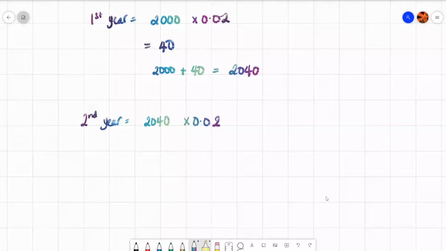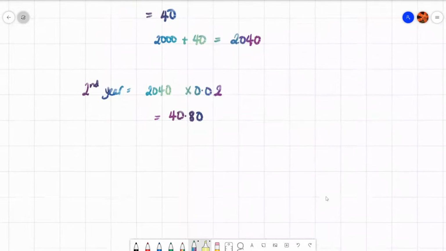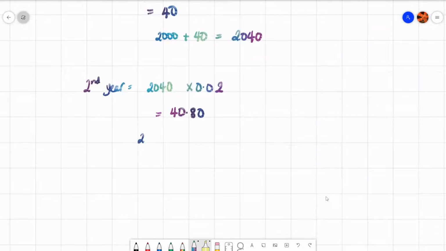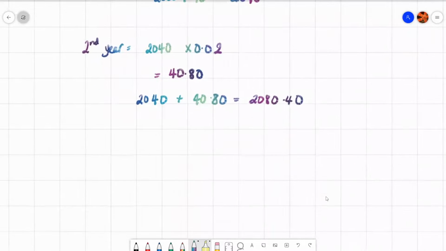So I need to work out 2% of £2,040, which is £40 and 80p. So £2,040 plus £40 and 80p gives me £2,080 and 40p. That's how much money I'm left with at the end of my second year.